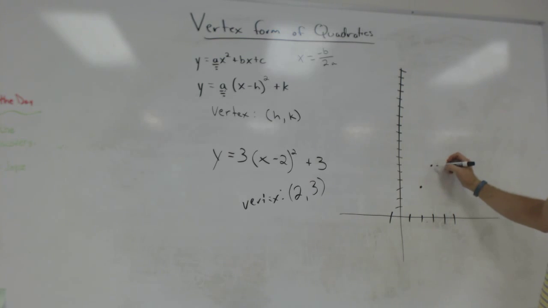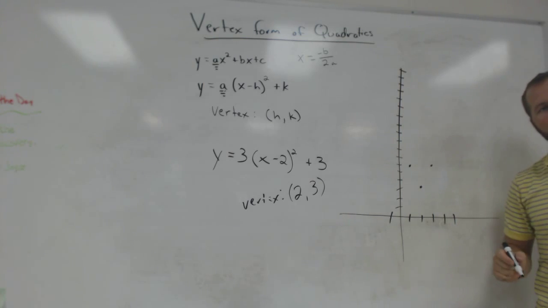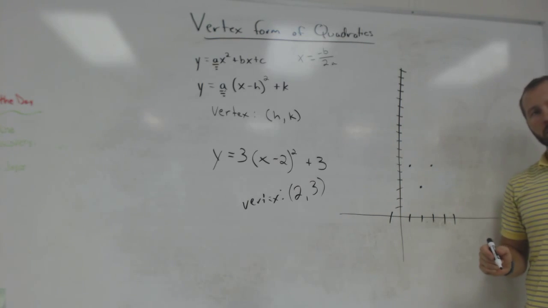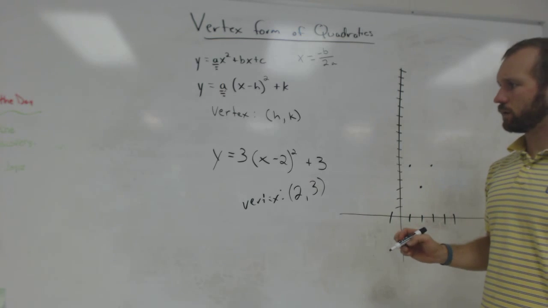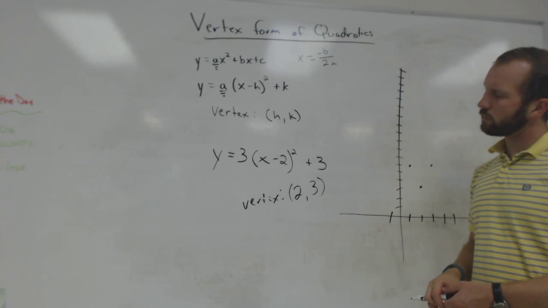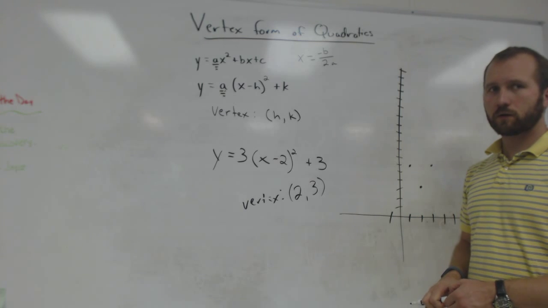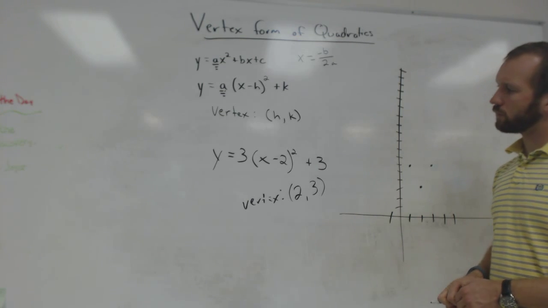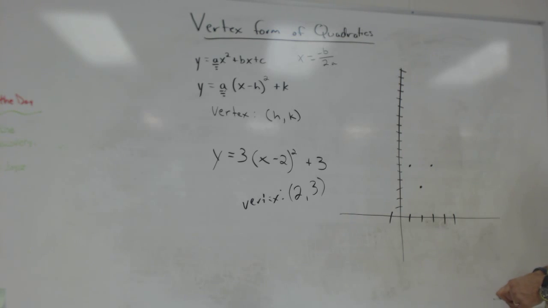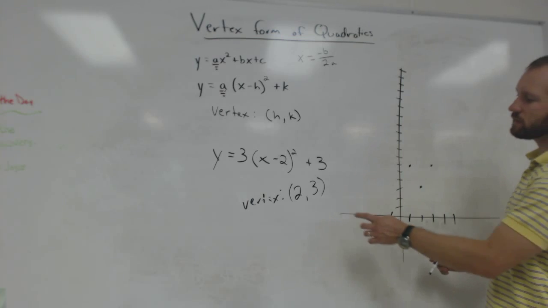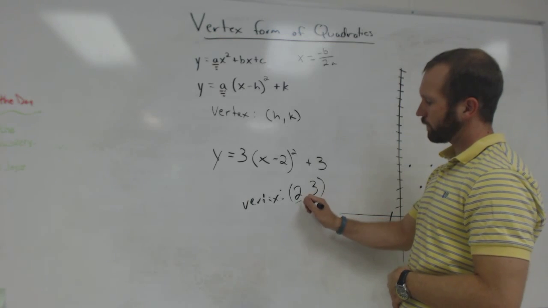I also have a question. Go for it. Is the x just pretty much useless, since we take the h and the k and use that as the vertex? What is the x used for? Well, this is an x coordinate, right?